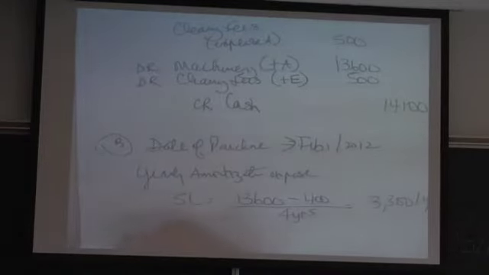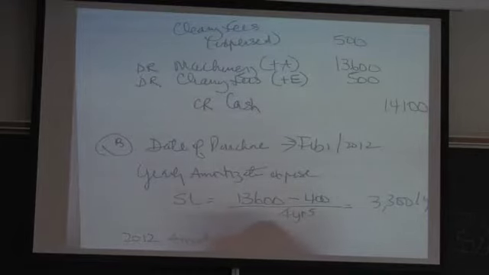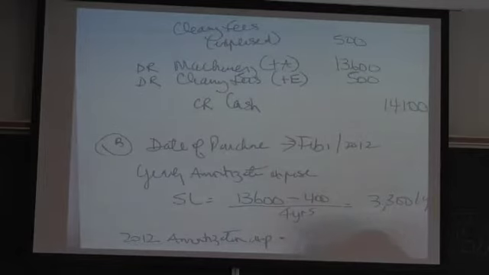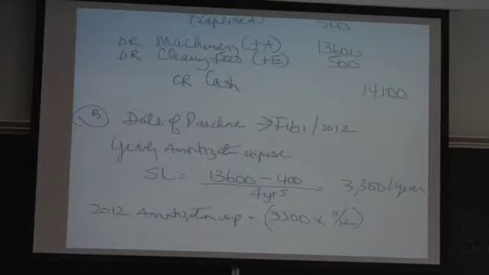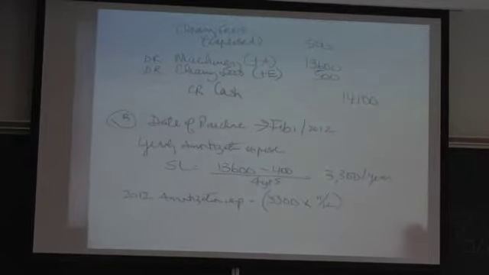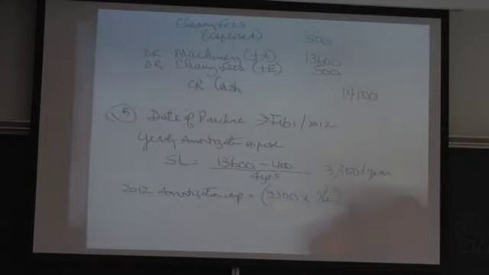So for 2012 amortization expense, it would be 3,300 times 11 over 12, because that would be the prorated year, since we bought it on February 1st. So that is our first year of amortization, which is $3,025.